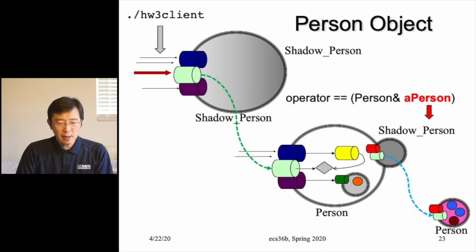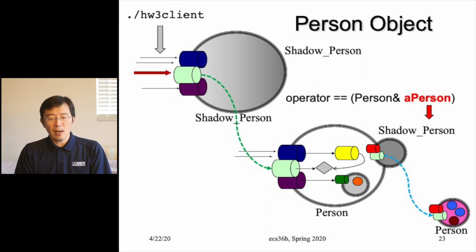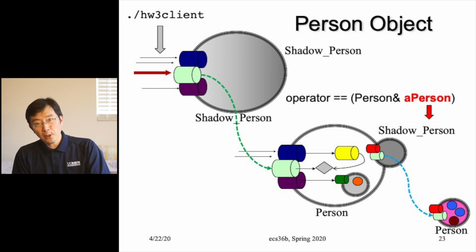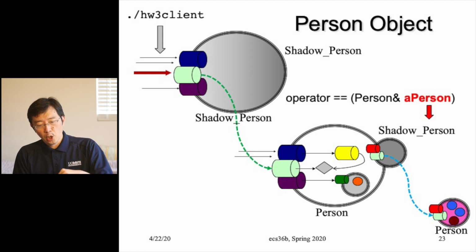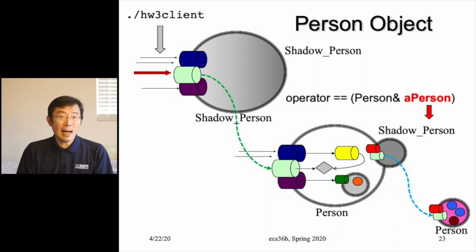All right, so this is the scenario we're talking about now. You can see that I redrew it so that you have a shadow person, and then it will go to the person who is a real object, but the argument to that call operator equal equal itself is a shadow person. And that shadow person will access the real object somewhere else.